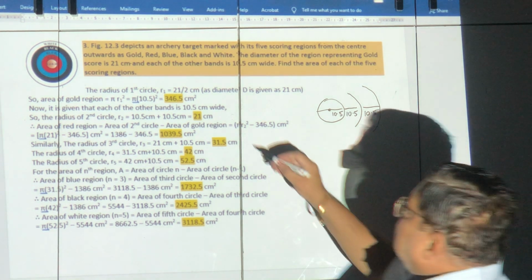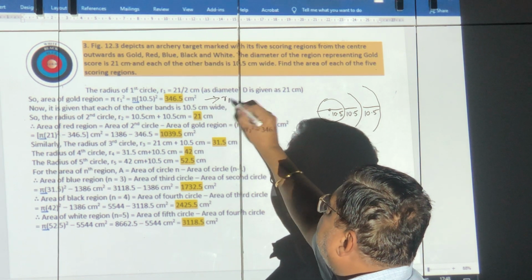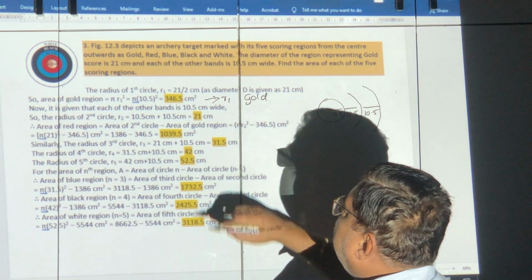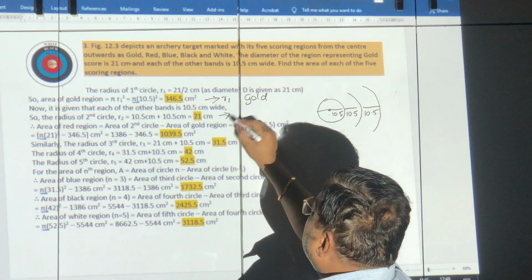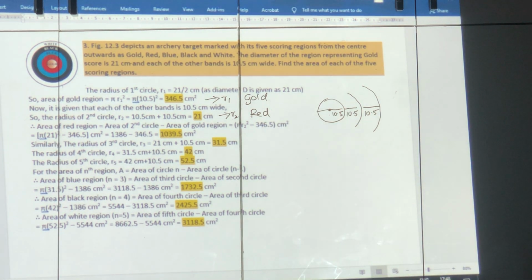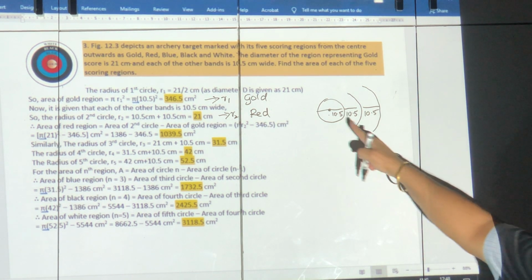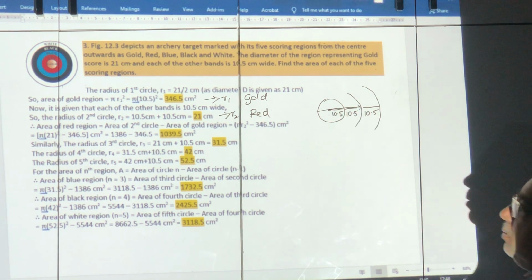So first I calculate the radius of the first circle, R1, that is gold. Now outside the gold there is red, so R2 is for red. 10.5 plus 10.5 is 21, my friends. Add the 2. Okay, you have to start from the center, don't forget.